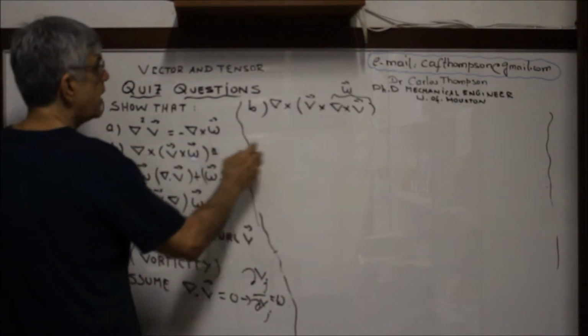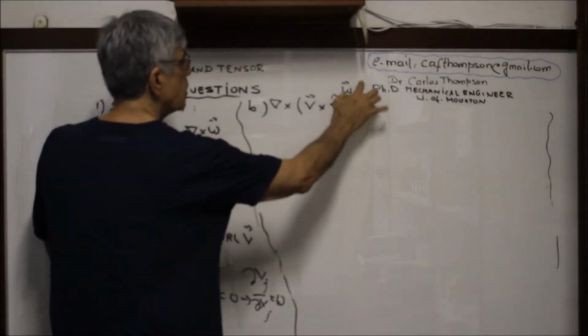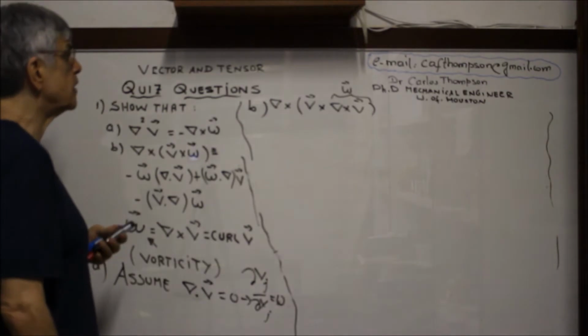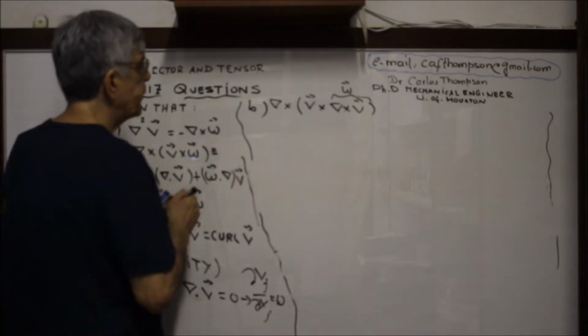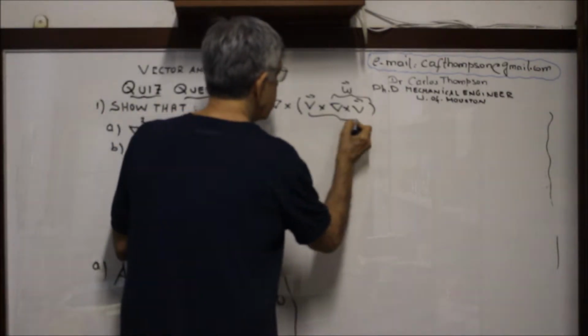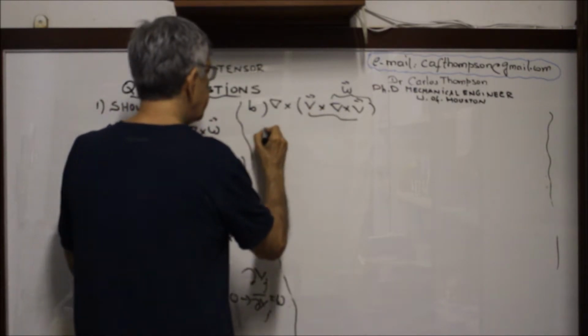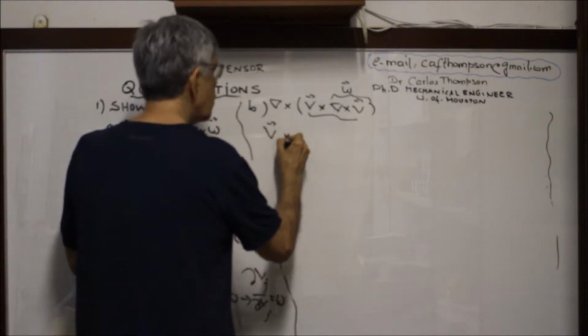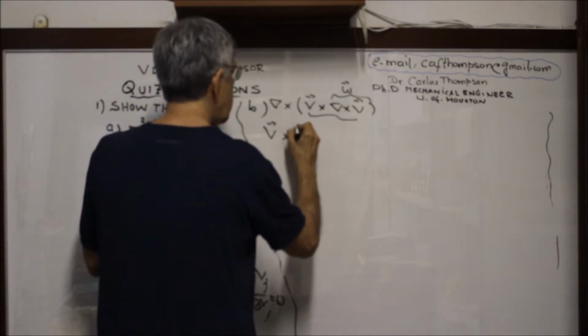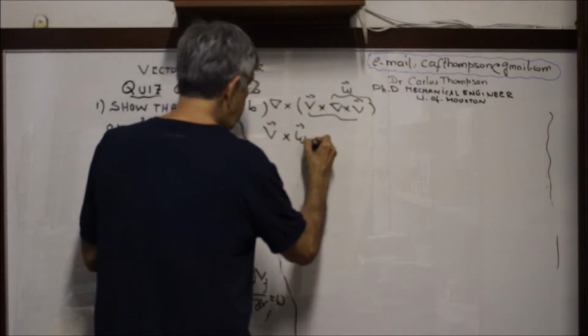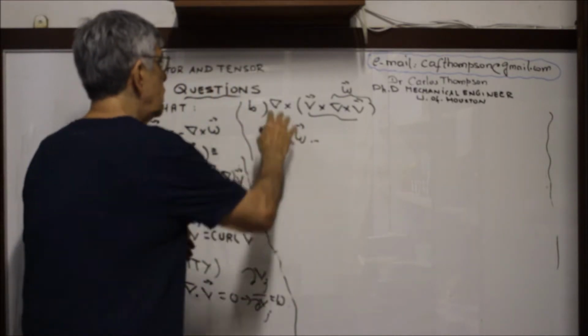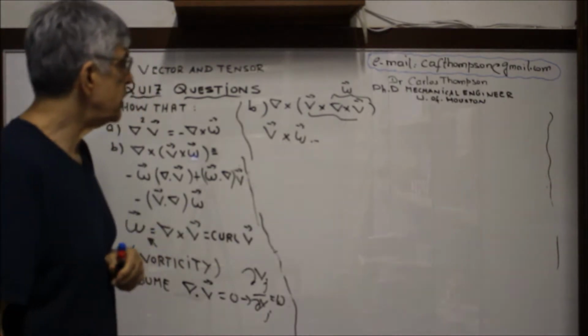Look, instead of substituting here, let's work with the vector, or the vorticity vector. Now, let's develop this over here. So this will be V cross omega. So don't forget, first of all, this term is a vector.